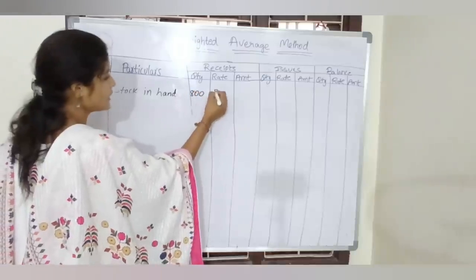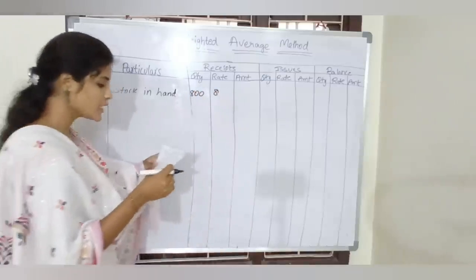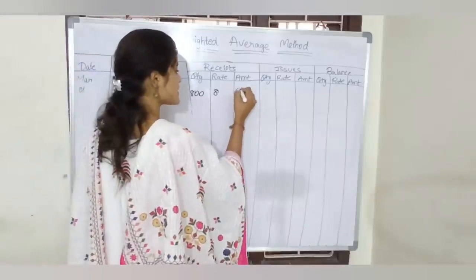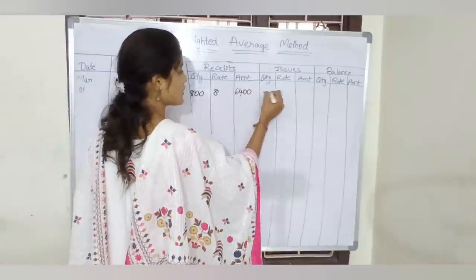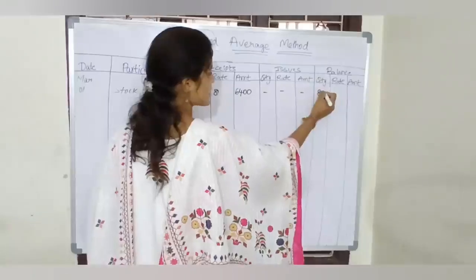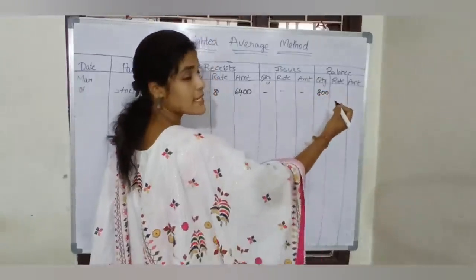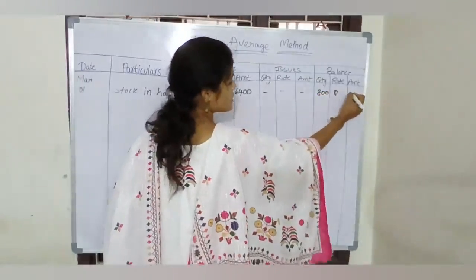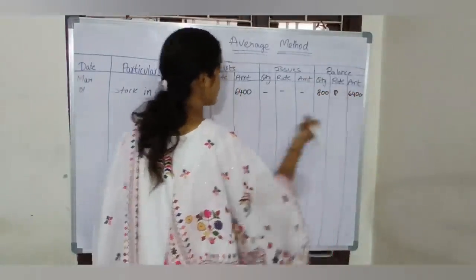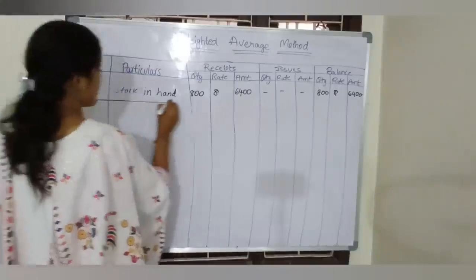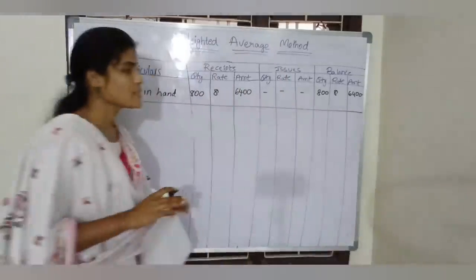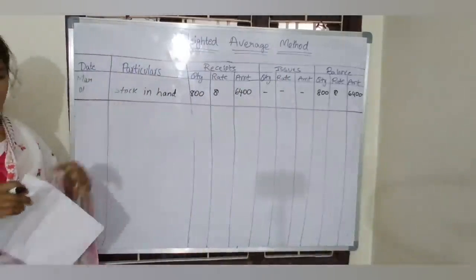The cost is 8. 800 into 8 is 6400. So the existing stock you are having in your godown is 800 units at 8, amounting to 6400. Draw an underline here. So we have completed the first transaction.